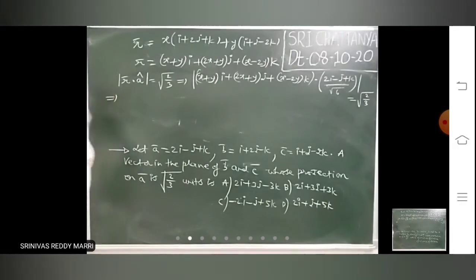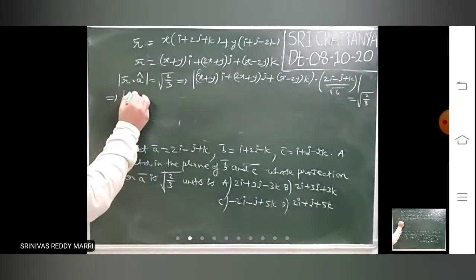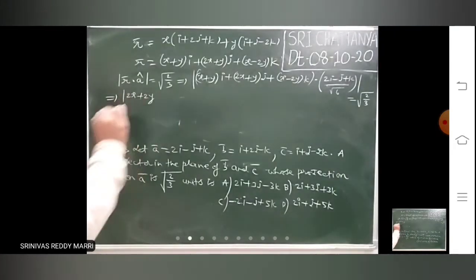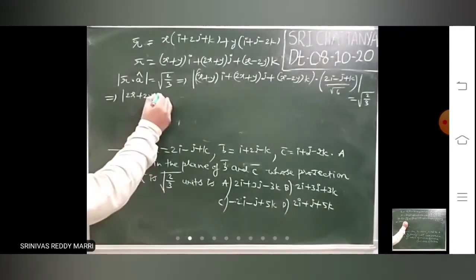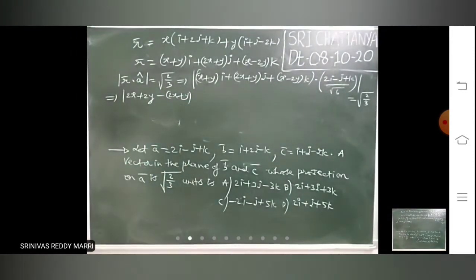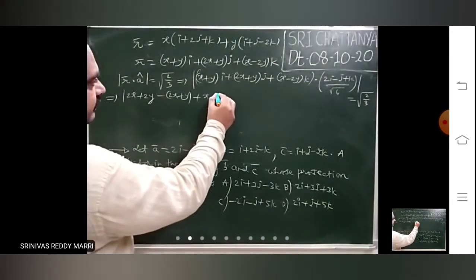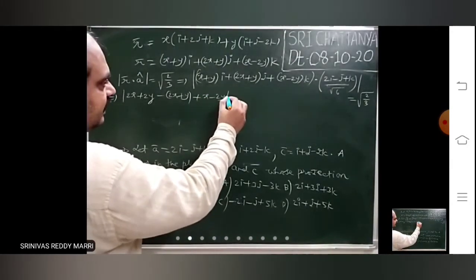That implies what is the condition you will get? So the dot product: 2 into x plus y, that means 2x plus 2y, so minus of 2x plus y, plus x minus 2y.